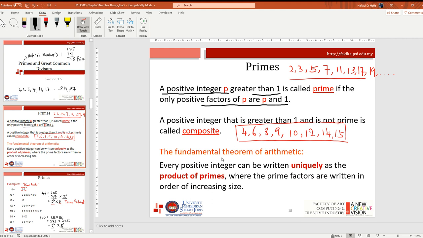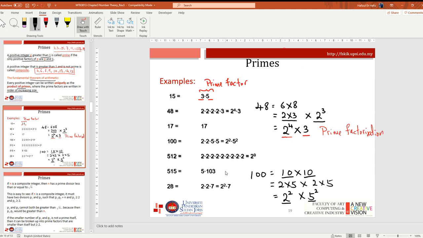The fundamental theorem of arithmetic says every positive integer can be written uniquely as a product of primes, where the prime factors are written in order of increasing size. For example, the prime factors of 15 are 3 multiplied by 5 or 5 multiplied by 3.